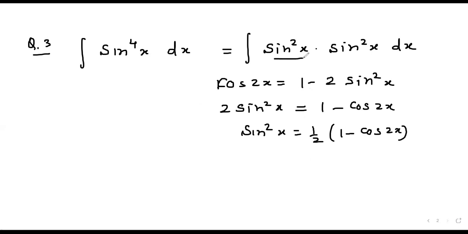Now sine square x times sine square x, so sine power 4x will be equal to 1 by 4 times 1 minus cos 2x whole square.